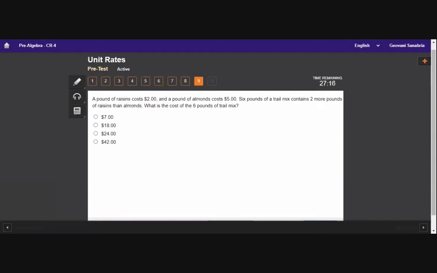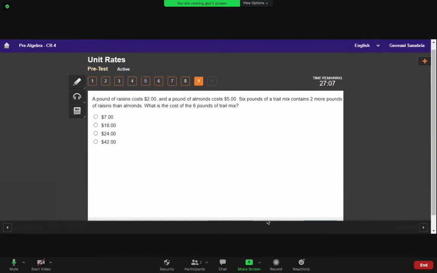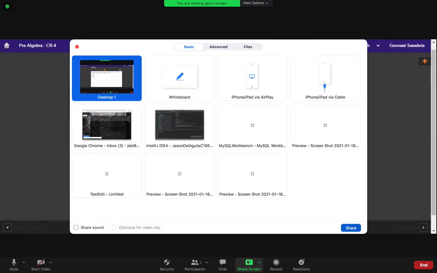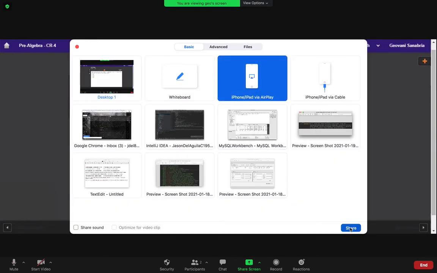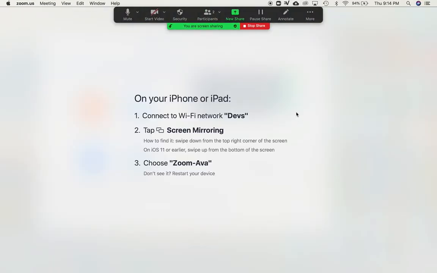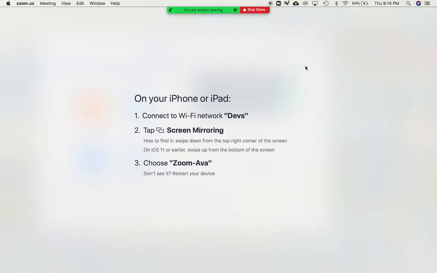Just 1. What do you mean? Yeah, but okay, now I'm confused. Here, let me just write it out so you can see it too. Because it said there are 6 pounds of trail mix.